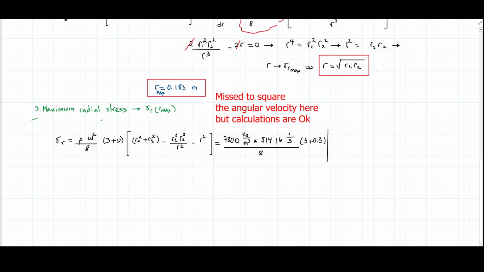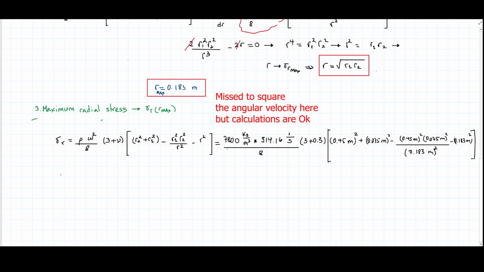And then I just need to insert these values here. Those are, R2 is 0.45 meters, this squared, plus 0.075 meters squared, minus the multiplication of these both, squared, times 0.075 meters squared, and this is divided by these values here, 0.813 meters squared, minus this same value here, 0.183 meters, and all of these squared.